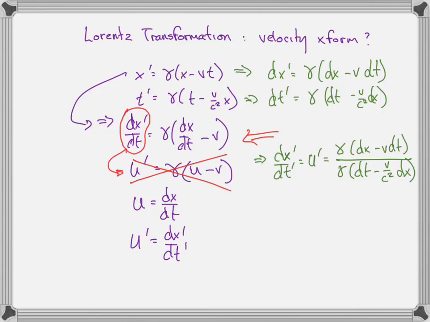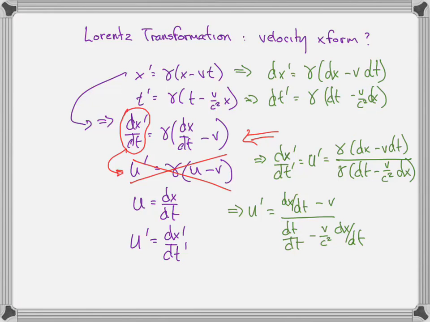Careful about your algebra, right? The gammas cancel, but nothing else cancels. But I'm going to go ahead and divide top and bottom by dt. So we've got dx/dt minus v over dt/dt. Well, that was 1. Minus v over c squared dx/dt.